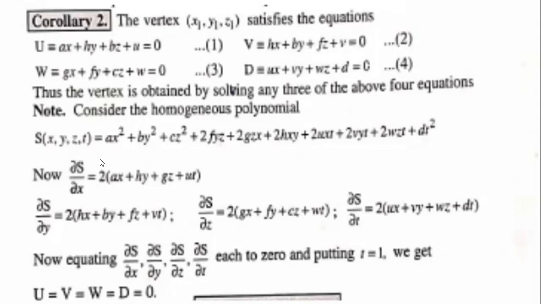Now consider the partial derivative of this equation: dou S by dou x is 2 times ax plus hy plus gz plus ut, and dou S by dou y is 2 times hx plus by plus fz plus vt, and dou S by dou z is 2 times gx plus fy plus cz plus wt, and dou S by dou t is 2 times ux plus vy plus wz plus dt. Now equating these four partial derivatives to 0 and putting t equal to 1, we get capital U equal to capital V equal to capital W equal to capital D equal to 0.